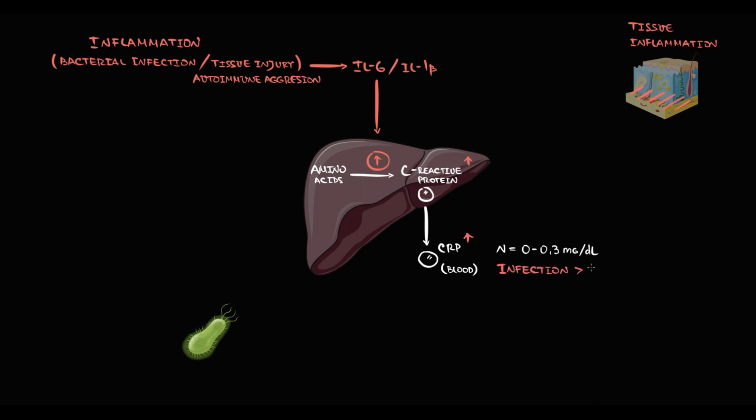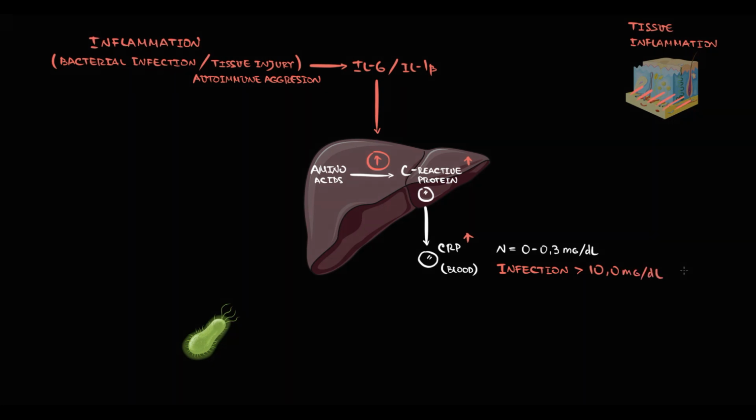And during inflammation, usually, the concentration of C-reactive protein is higher than 10. And the more severe the inflammation, the higher the concentration of C-reactive protein, which makes sense because C-reactive protein helps to fight bacteria, and also participates in tissue injury.